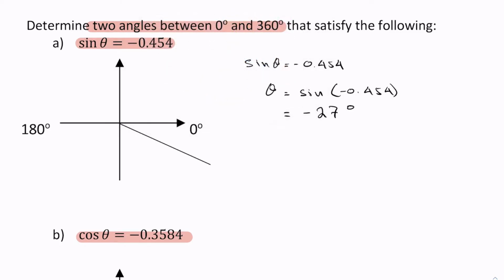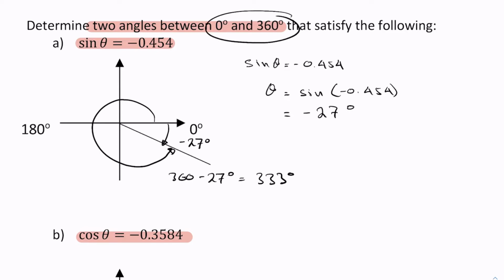As a positive angle, this way, it'll be 360 minus 27 degrees, which gives us 333 degrees. Remember, the angle has to be between 0 and 360, so negative 27 doesn't fall into that range. So theta 1 is 333 degrees.